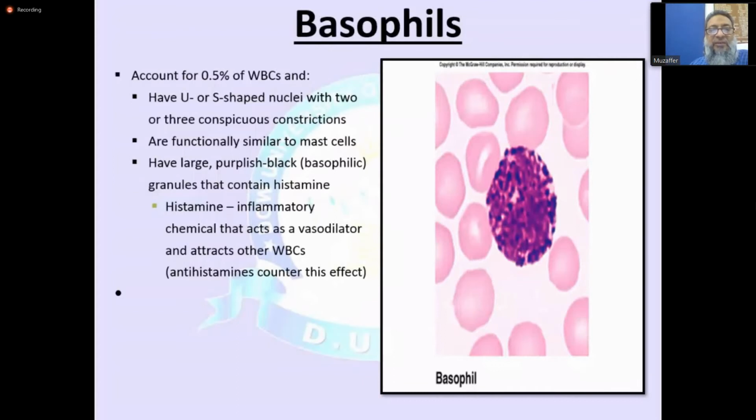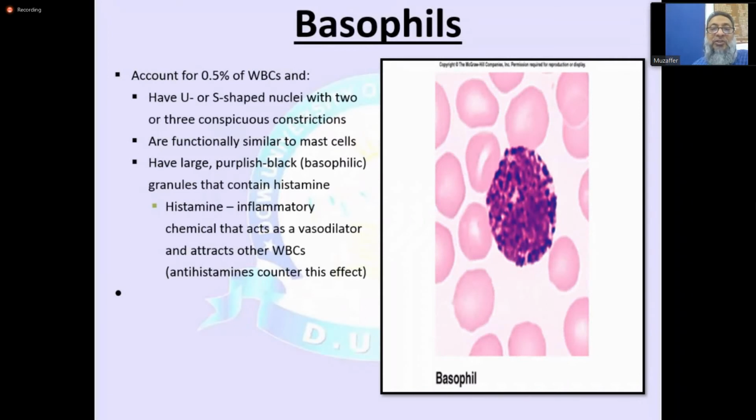And we can oppose this effect by giving antihistamines as a counter effect to prevent excessive vasodilatation, because if profuse vasodilatation occurs, mostly by some insect bite or any toxic insect bite, that releases histamine and profuse vasodilatation occurs.